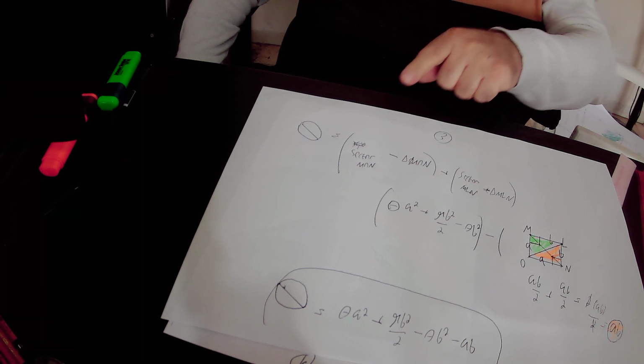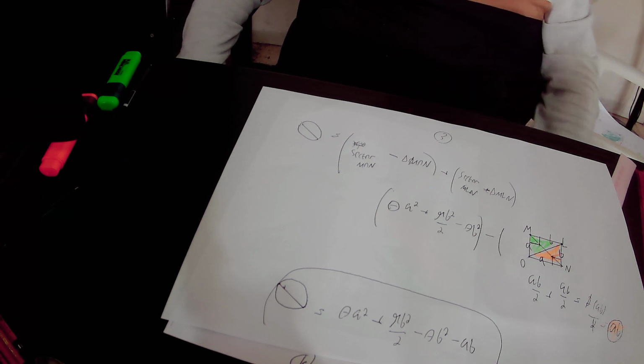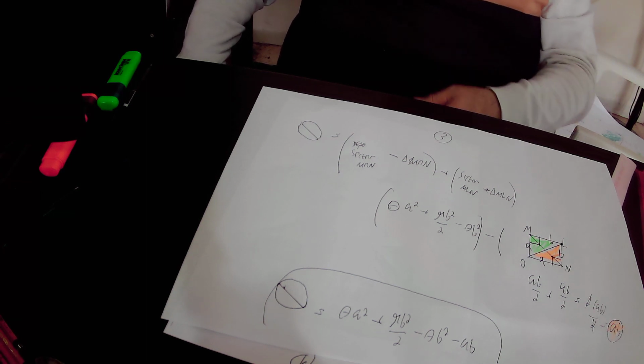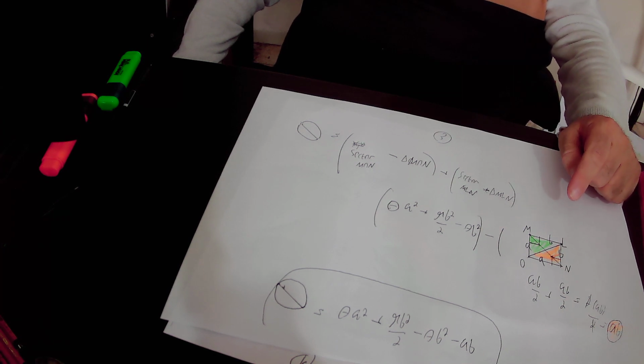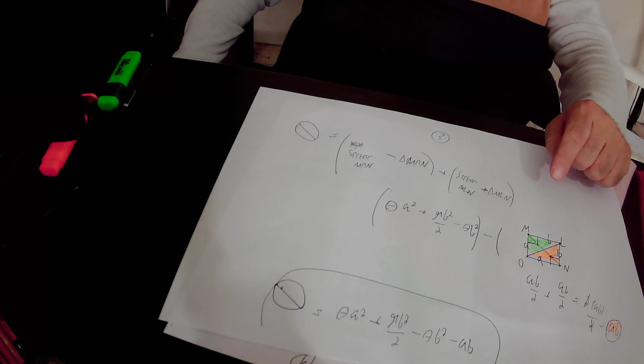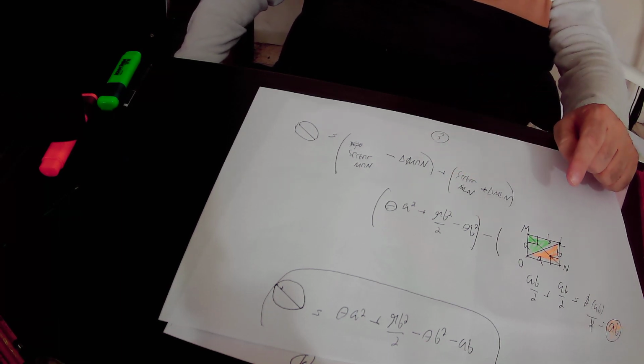So we have already found out that the sum of the areas of the two sectors equals θa² plus πb²/2 minus θb². Now we have to subtract from this expression the sum of the areas of the two triangles.